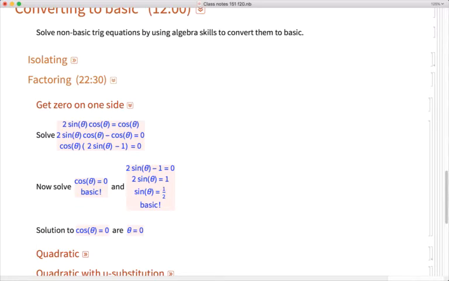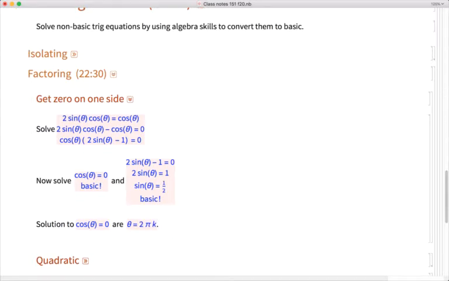From closed 0 to open 2 pi interval, theta equal 0 is the only solution, and then we add on any multiple of 2 pi to get the other solutions. So I kind of jammed both step 1 and step 2 into a single step there.